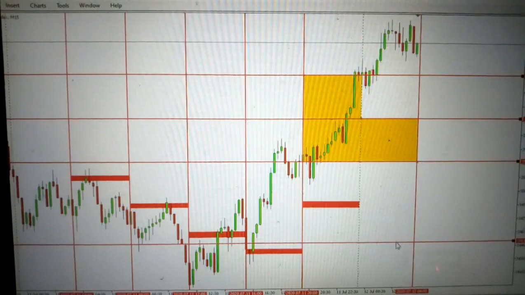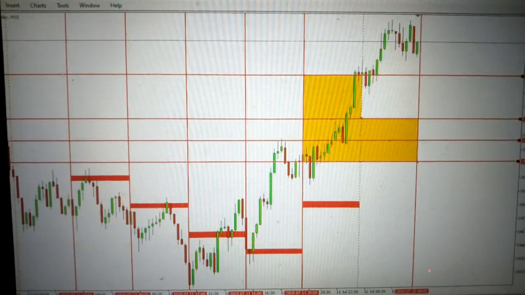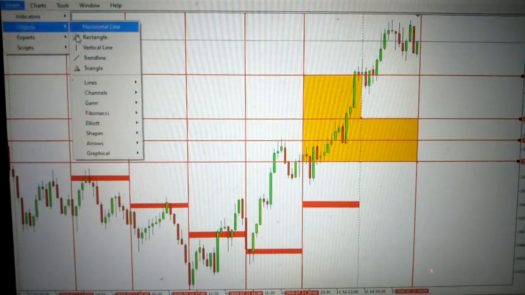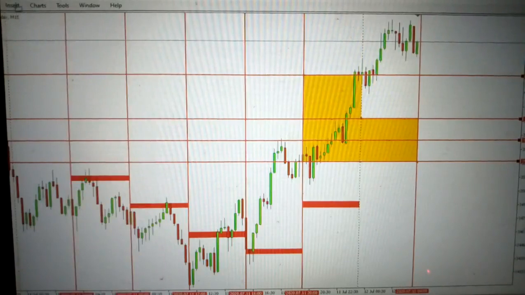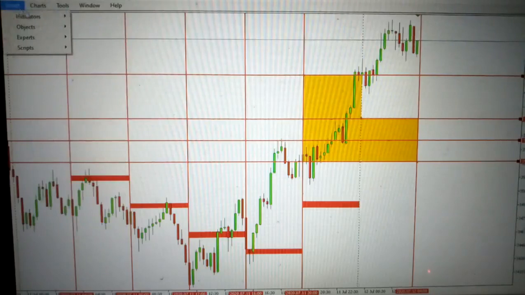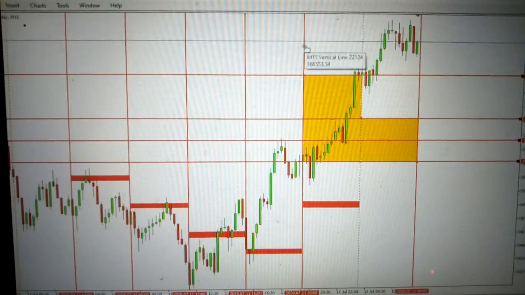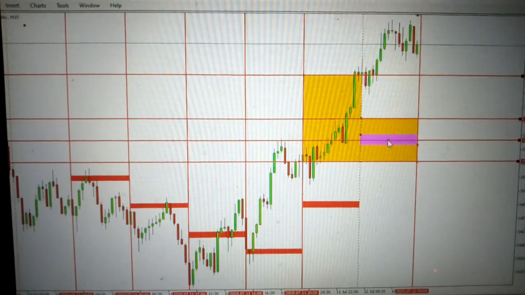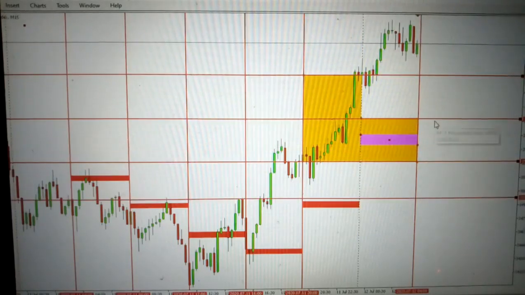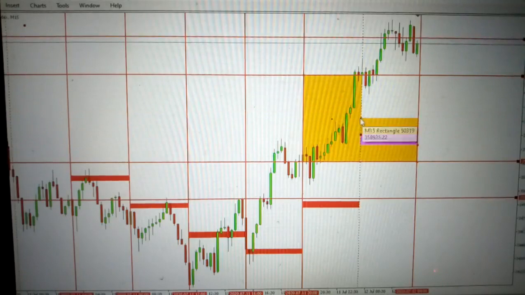So what I will do is divide that point into two, and with another rectangular shape, colored in red, I'll try to map out where I expect my support to be in case price falls. So I expect my support to be around here, just in case price drops. Price should find support around there.